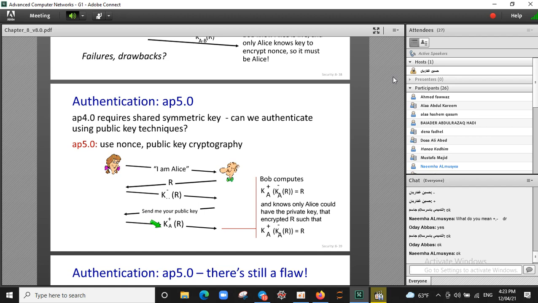Maybe yes. Why? How can I encrypt this message? If Bob uses a similar message here, a static message R, Bob always uses a static message R to send to Alice.